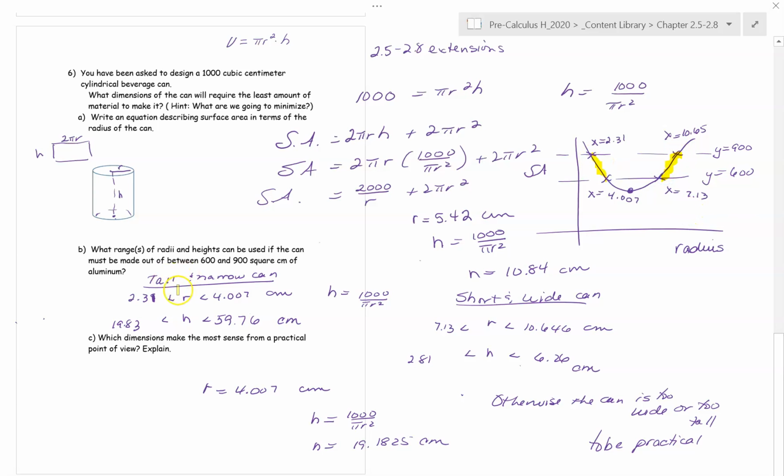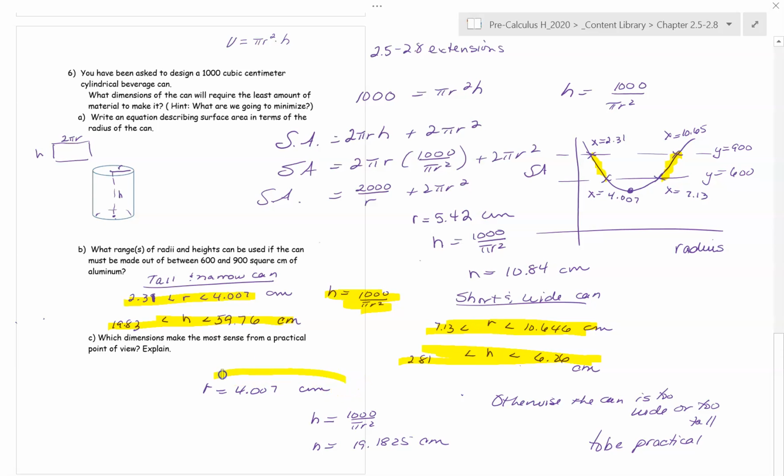If I wanted to use r values between 2.3 and 4.07, I could find the corresponding heights. That would be a tall, narrow can. Or if I use the radius between 7.13 and 10.65 and find the corresponding heights, that would be a shorter, wider can. So now you just have to think, what would make the most sense?